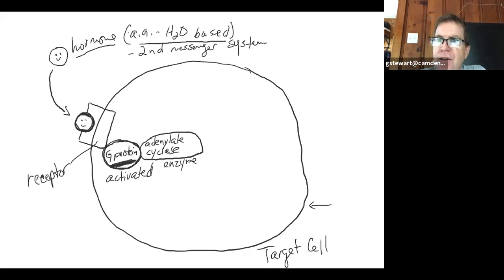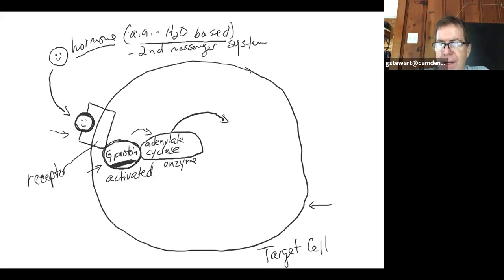And then when adenylate cyclase is activated, it's just a cascade of reactions. We're just tipping over the first domino here, and then it tips over this domino, and then this domino. That's why we call it a cascading reaction.